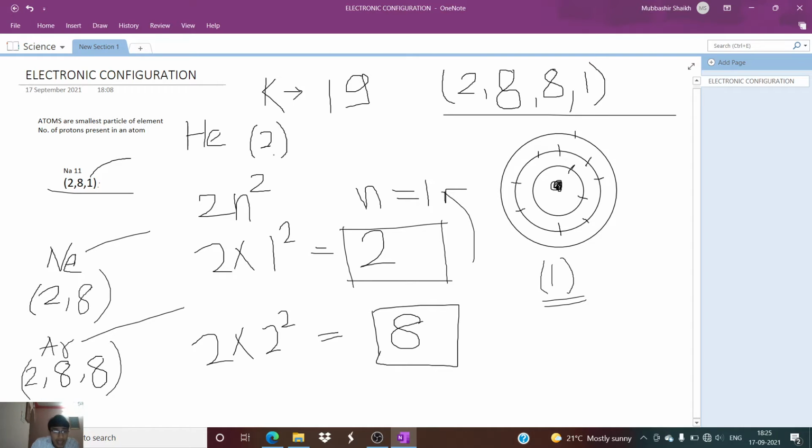That means again, the first orbit of helium atom is also completely filled. Okay. This shows us that helium, neon and argon, all these inert gases are not reactive elements. They are inert elements. Okay.